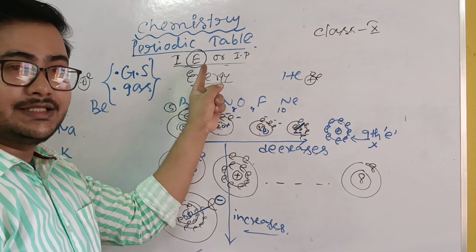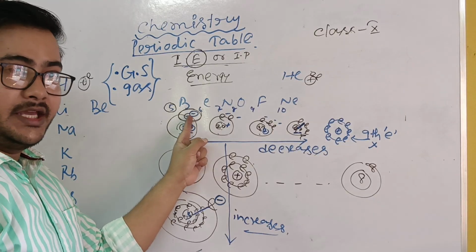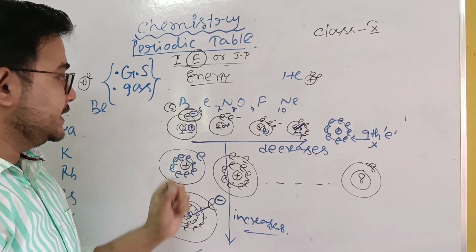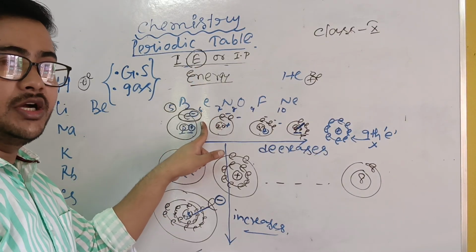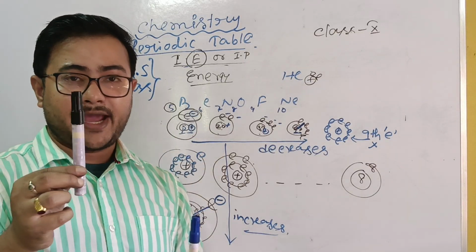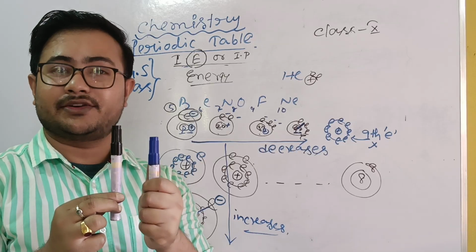What is ionization energy? The amount of energy required to remove this electron. If you understand the radius, then you can easily capture this concept. Now, if a magnet and iron are very close to each other, there is a strong attraction force.